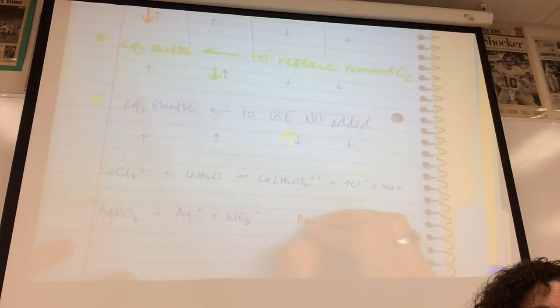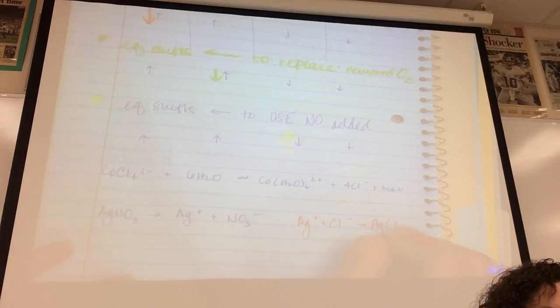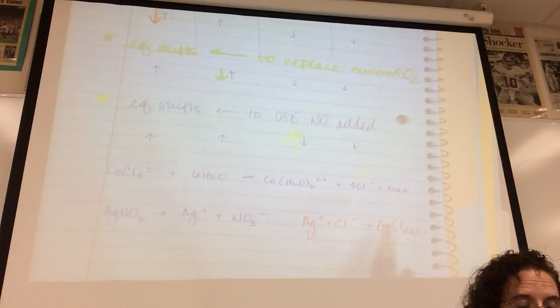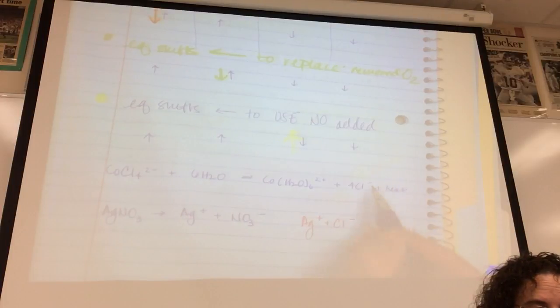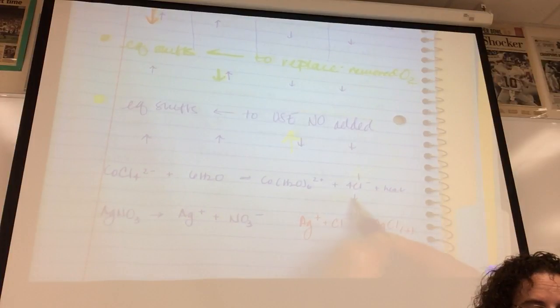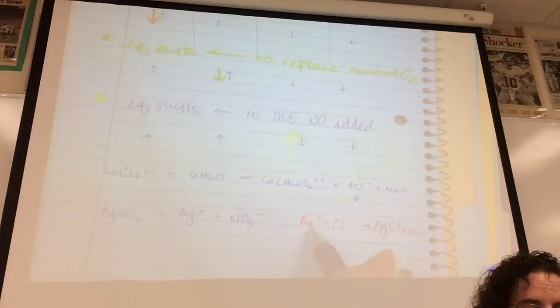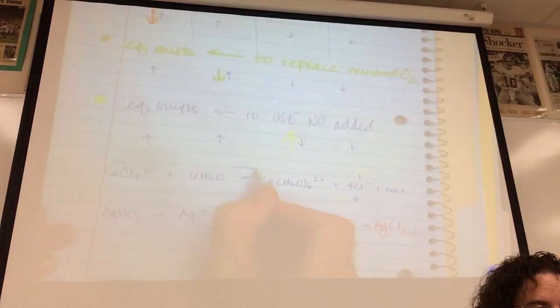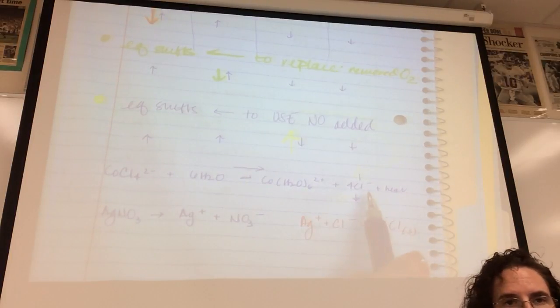So you'd have silver ion plus chloride ion making silver chloride, a white precipitate that is not water soluble. So by adding silver nitrate, you are effectively decreasing the concentration of chloride ion because it's reacting with the silver ion. When you decrease chloride ion concentration, equilibrium shifts to the right to replace the chloride ion removed from reacting with the silver ion.